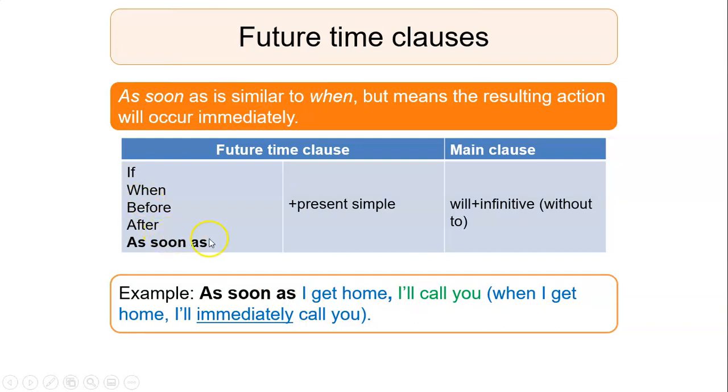So we've got as soon as, present simple, comma, I'll call you. Will with the infinitive without to. Contraction, I will, I'll, and then call, infinitive without to. So that is the same as saying when I get home, I'll immediately call you.